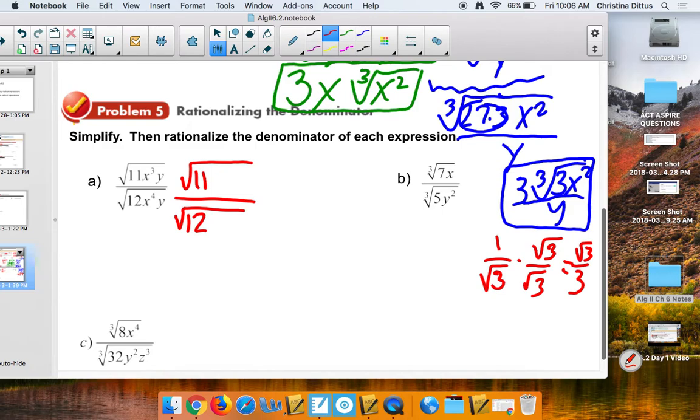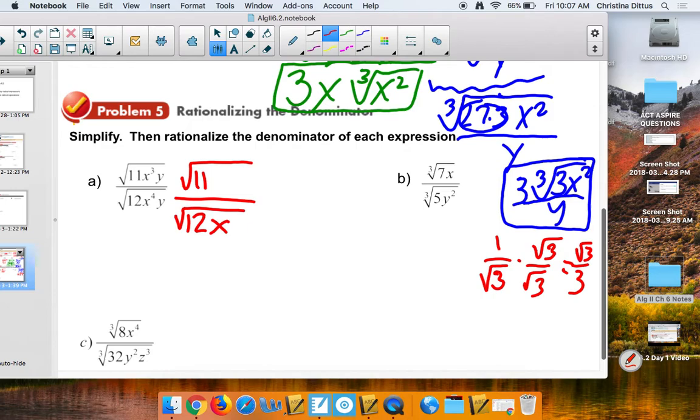What am I going to do with my x's? Subtract them, x on the bottom. How do I know it's bottom? Bigger numbers on the bottom. 3 minus 4, negative 1. So how much x on the bottom? 1, because 4 is 1 bigger than 3.